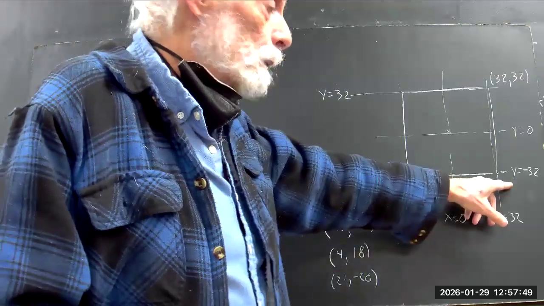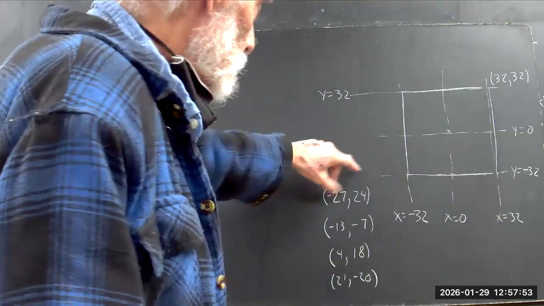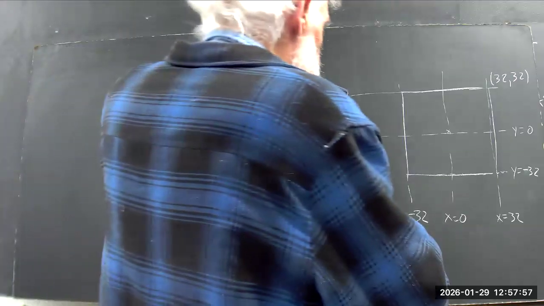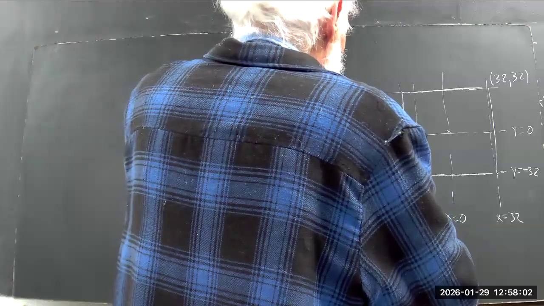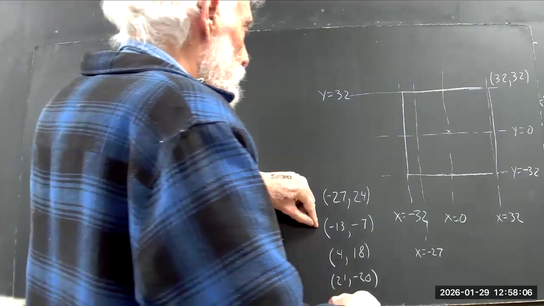Okay, so anyhow, this is going to be y equals negative 32, should be easy to understand that. So now we can locate these points. This is at x equals negative 27. Well, 0 is here and 32, so negative 27 is probably around here. Now x equals negative 13.